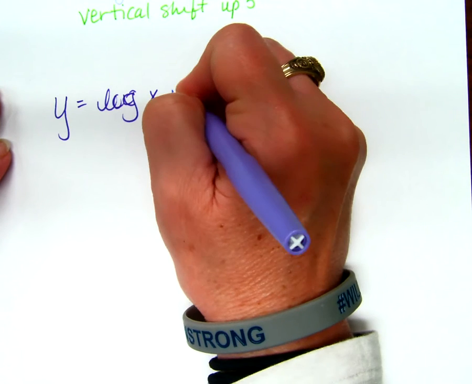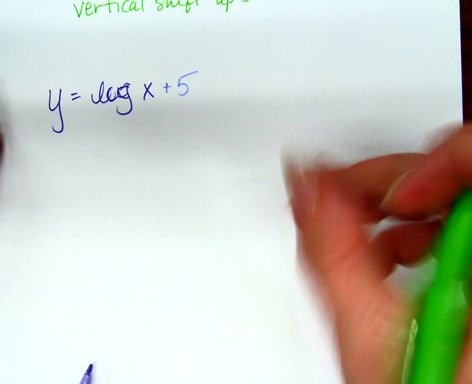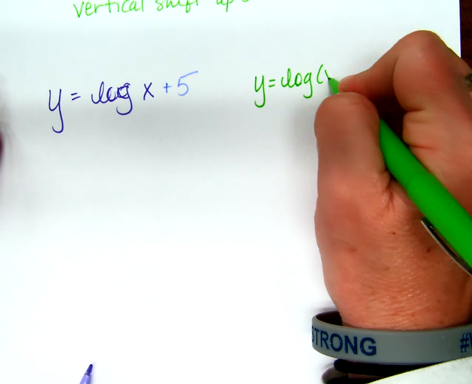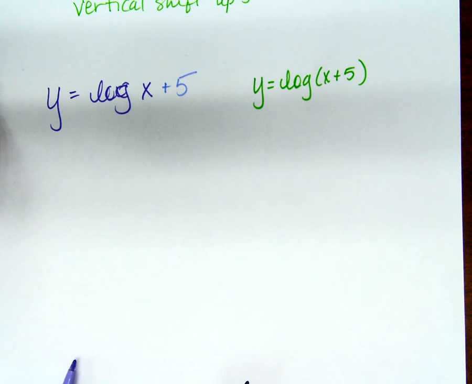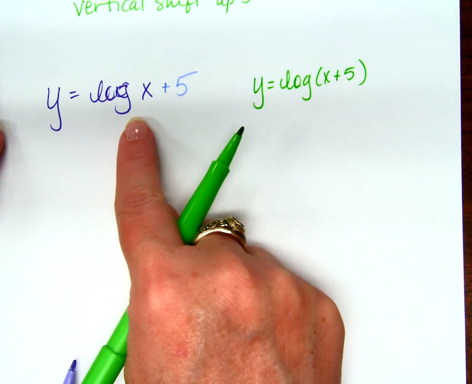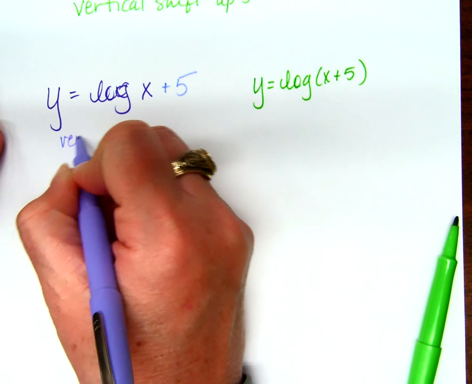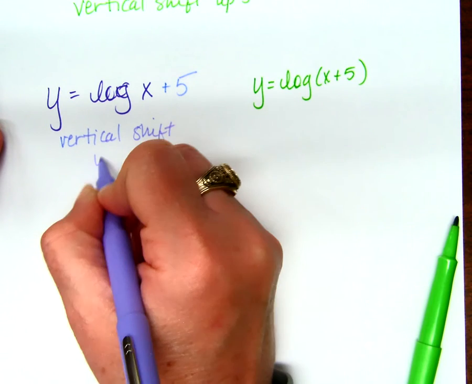Is this inside or outside? Outside. How do you know? Because that's inside, right? What kind of a change is this? Vertical shift. This is a vertical shift up 5.